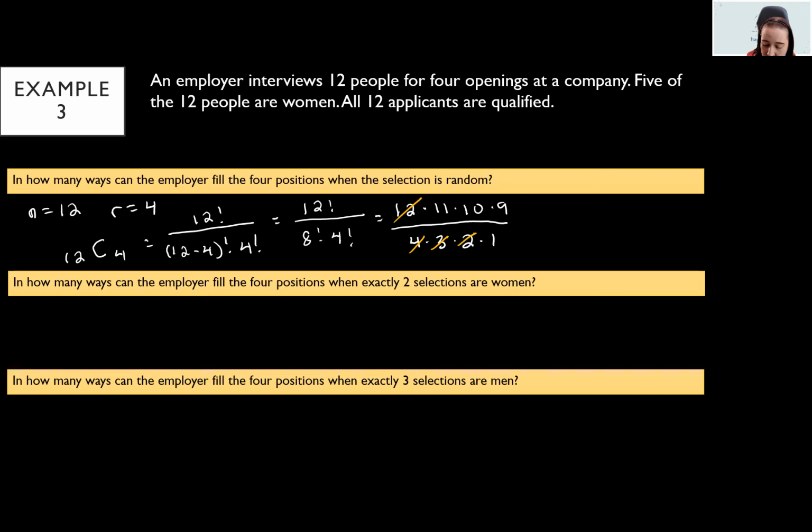Then I can cancel 2 out of 10, and that leaves me with 5. So you're basically just doing 11 times 9 times 5, or if I had the 5 above the 10, it'd be 11 times 5 times 9. This gives us 495.